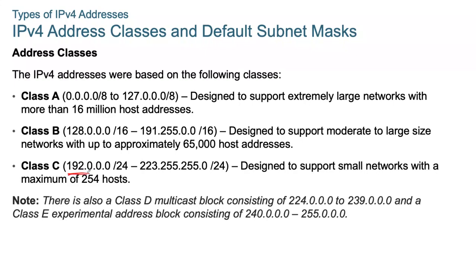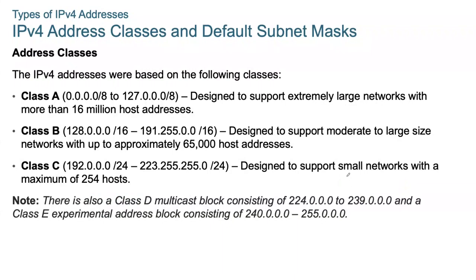The first byte starts with 192 and the first byte ends with 223. So this is designed to support smaller networks with a maximum of 254 hosts in one.